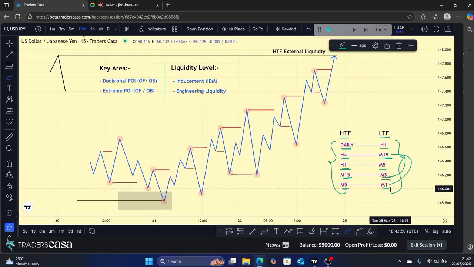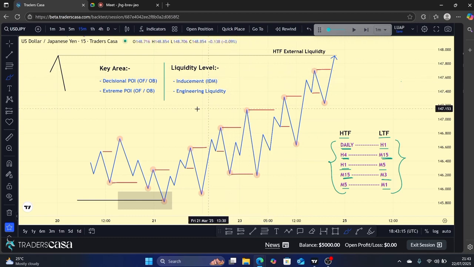It depends on the structure, how big the structure is, and how noisy the price is on the lower time frames. All right, so I'm done with the time frames. It's up to you to choose which time frame selection you want, but make sure that you only choose one and stick with it for a long period of time before you shift to another.